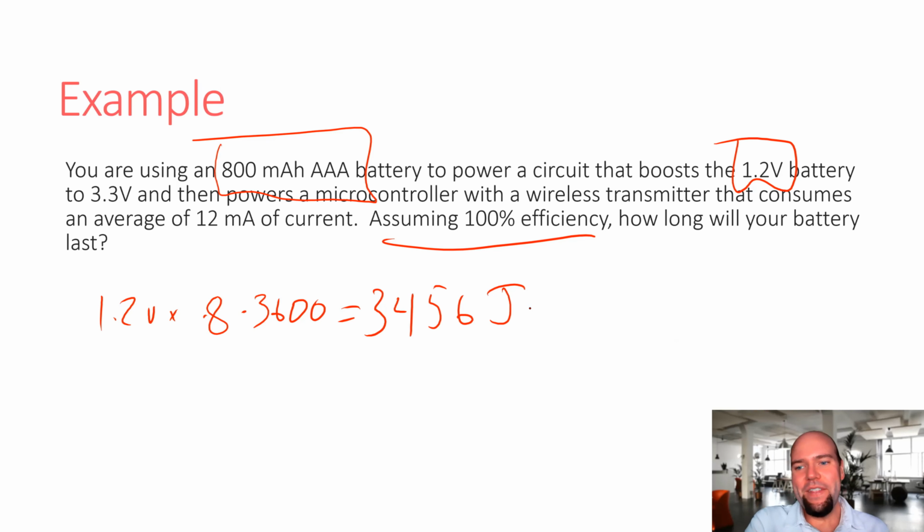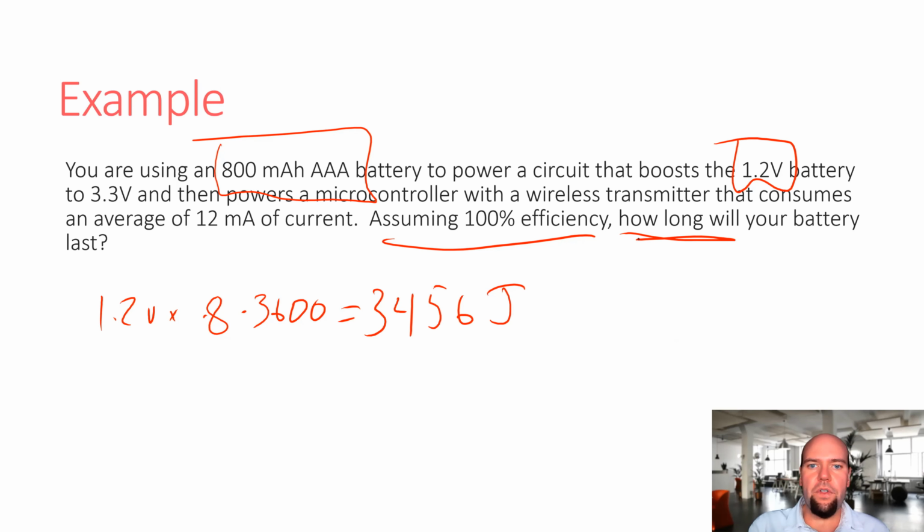Now let's look at the other end of it, and we can say, what's the power dissipated by our circuit? If we know the total energy and we know the power consumed by the circuit, the time span, how long, is a simple matter of taking the energy and dividing it by the power, and that should give us the total time that the battery will last. So let's find the power now for the circuit. Our circuit was 3.3 volts, and it consumed 12 milliamps of current.